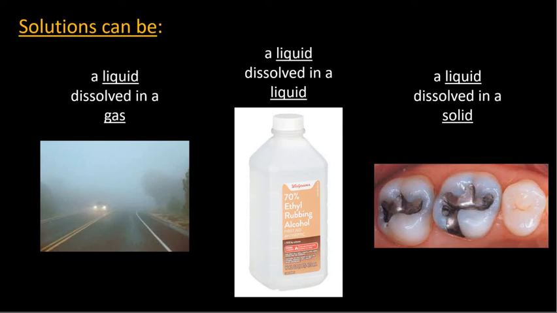And what ends up happening is the mercury just kind of dissolves into this other metal and mixes with it. And it stays there combined with the other metal. Okay, so like I said, it's pretty rare. It's not something you normally encounter in daily life unless you have a lot of fillings in your teeth. But it is a situation that happens where a liquid is dissolved in a solid.